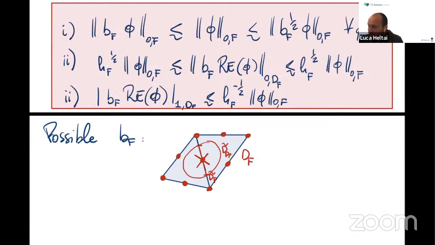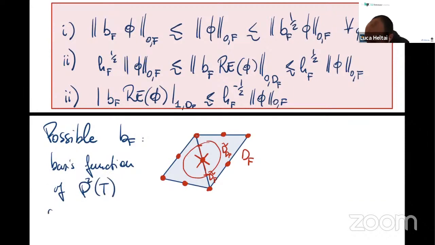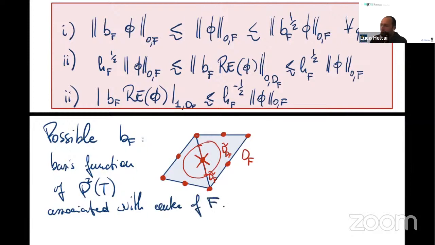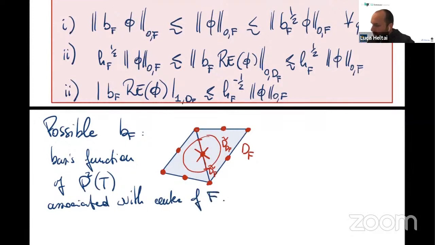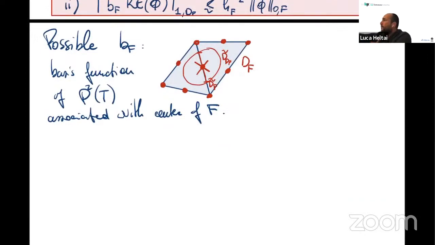So this guy over here is the possible BF basis function of P2 of T associated with the center of F. Okay, does that make sense? So this function satisfies all these properties.